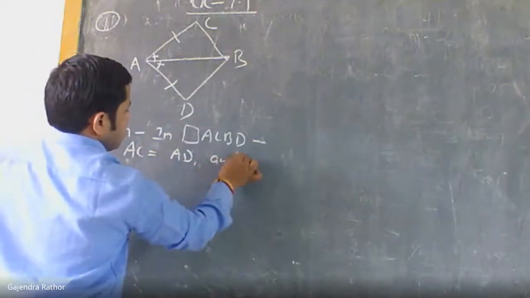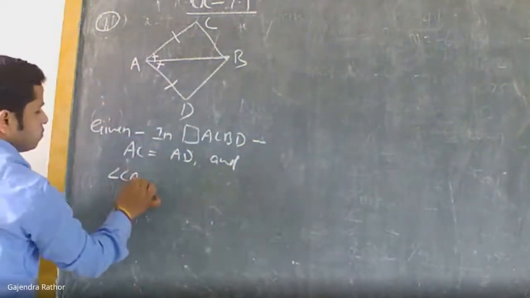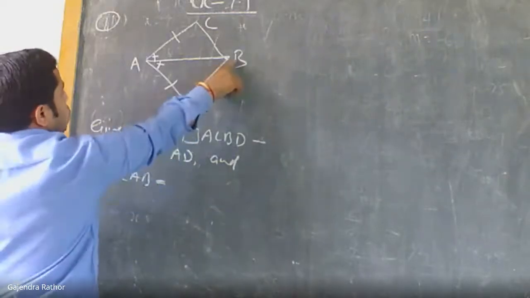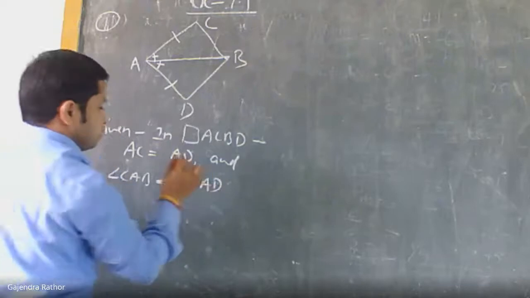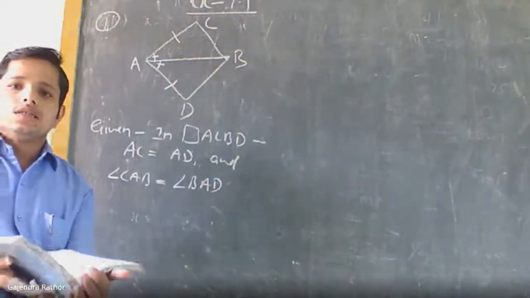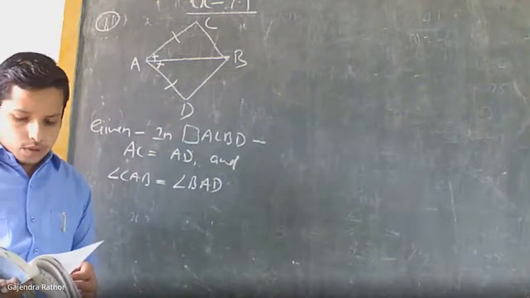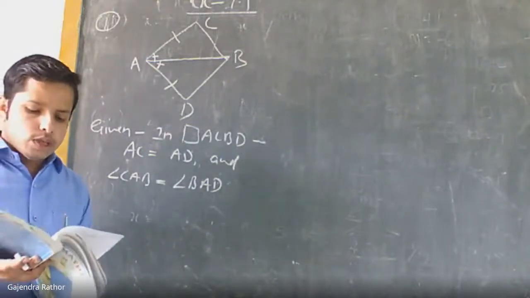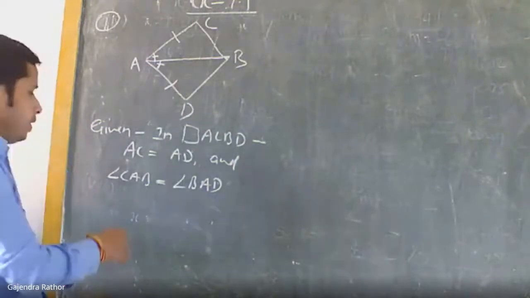So we can write angle CAB is equal to BAD, because this line just bisects the angle A. Now we need to prove that triangle ABC is congruent to triangle ABD.